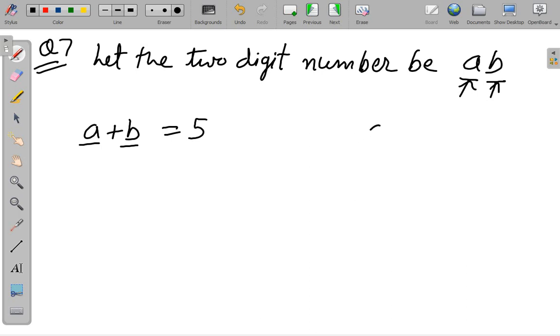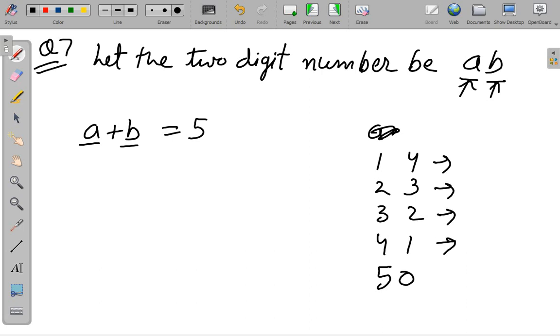If the numbers are 14, 23, 32, 41, also 50. On adding 1 and 4 we get 5, on adding 2 and 3 we get 5, 3 and 2 we get 5, 4 and 1 we get 5, and on adding 0 and 5 we get 5.